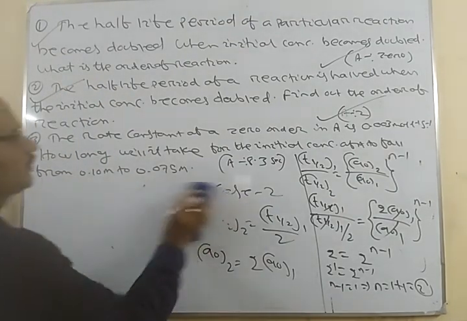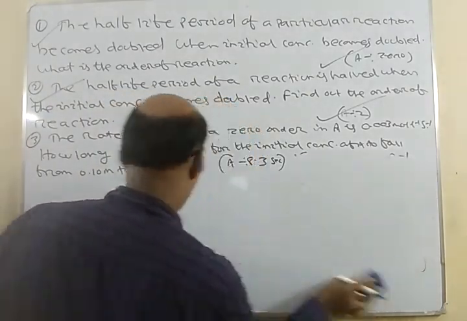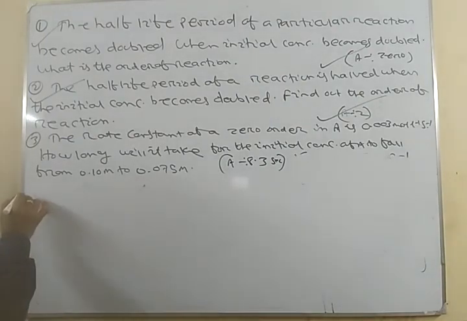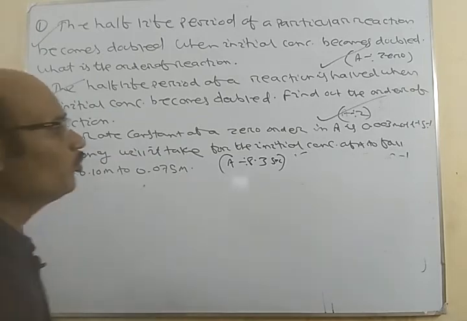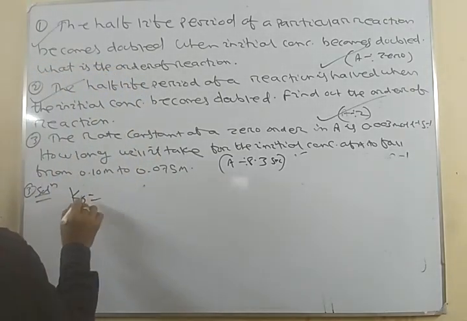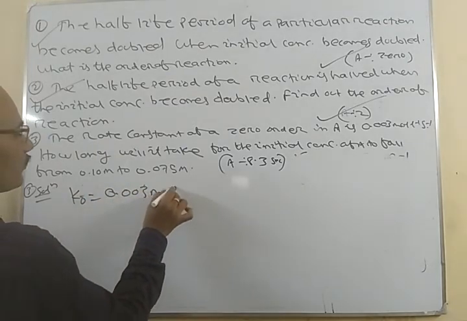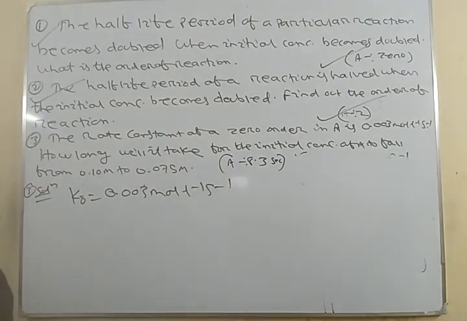Now number 3. Here the rate constant of a zero order reaction in A is 0.003 mol per litre per second, that is k0 equal to 0.003 mol litre inverse second inverse.